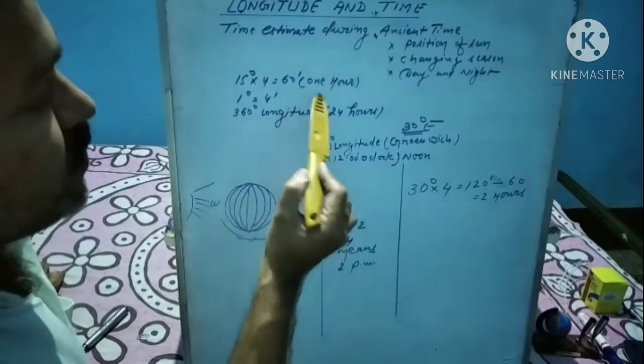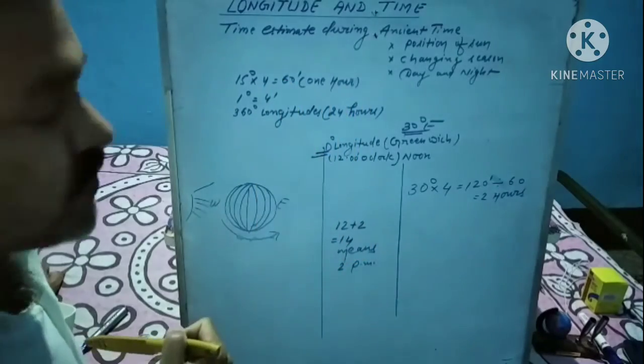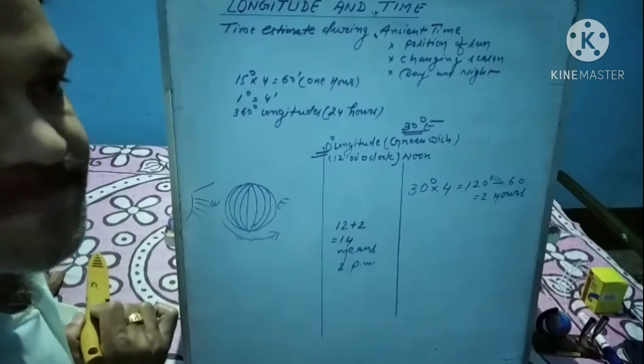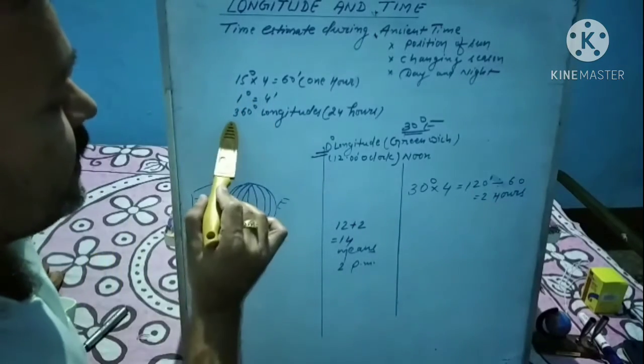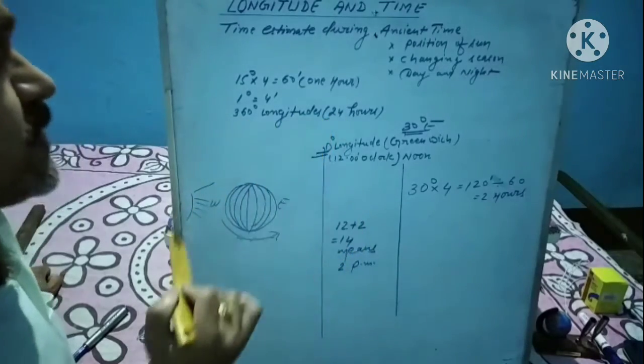And 60 minutes you well know, 60 minutes means 1 hour. In 1 hour, 60 minutes. Here it is written 1 degree is equal to 4 minutes. And here written 360 degree longitudes, 24 hours.